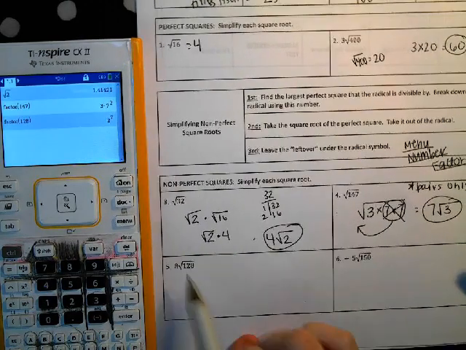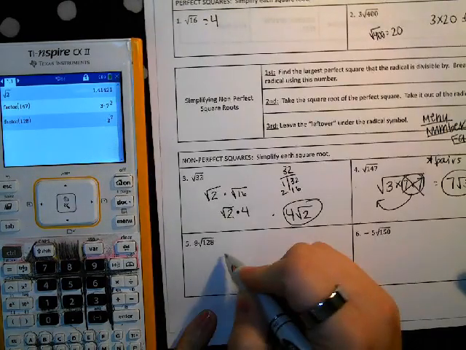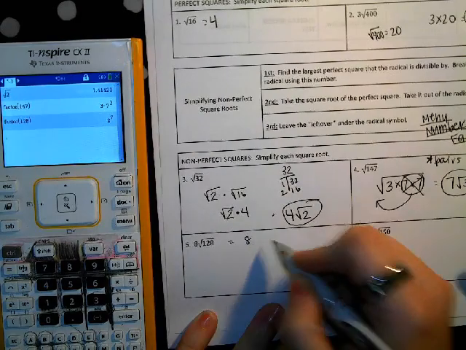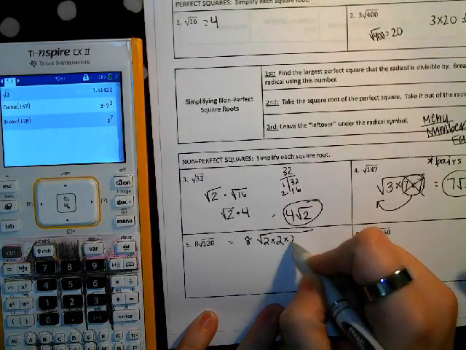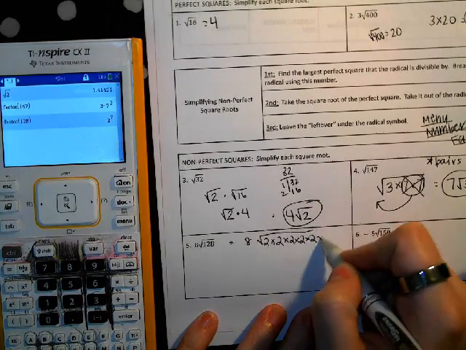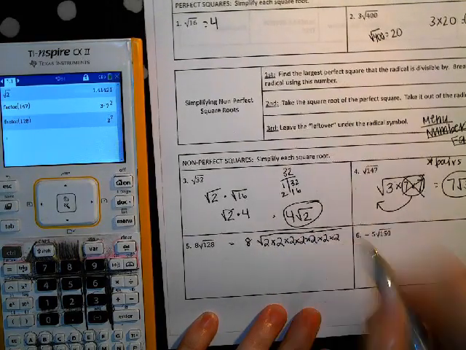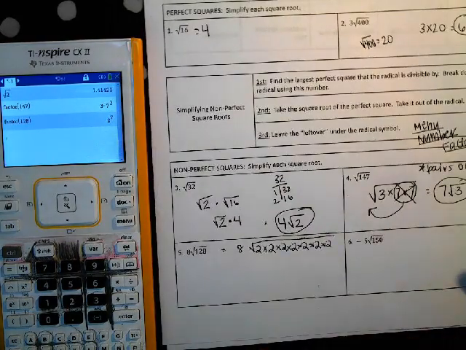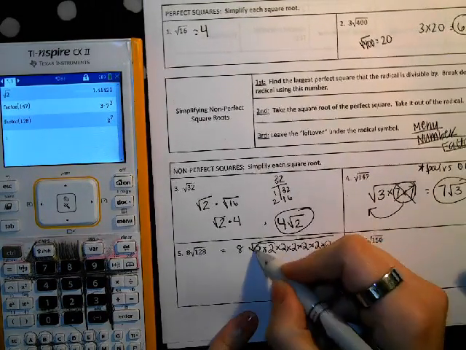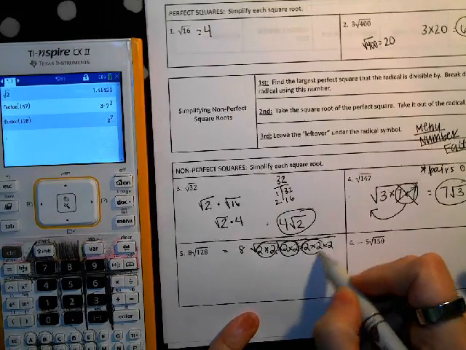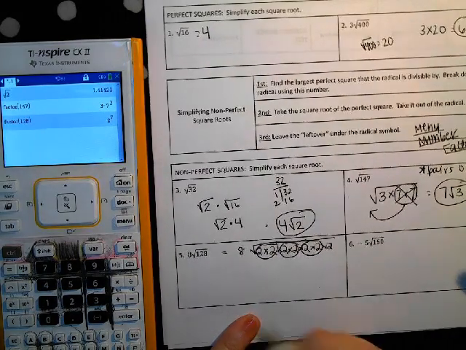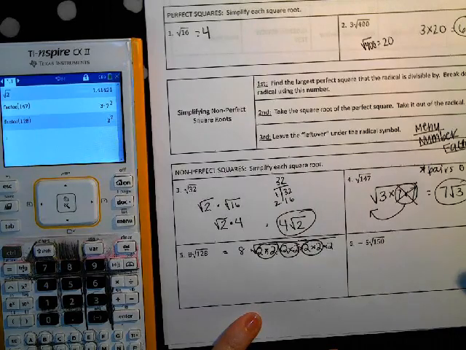So underneath my radical, I have 7 2's. 1, 2, 3, 4, 5, 6, 7. Now when you have these 2's, remember you're finding pairs only. So I have 1 pair, 2 pairs, 3 pairs. Because I have 3 pairs, I'm taking out 3 2's.